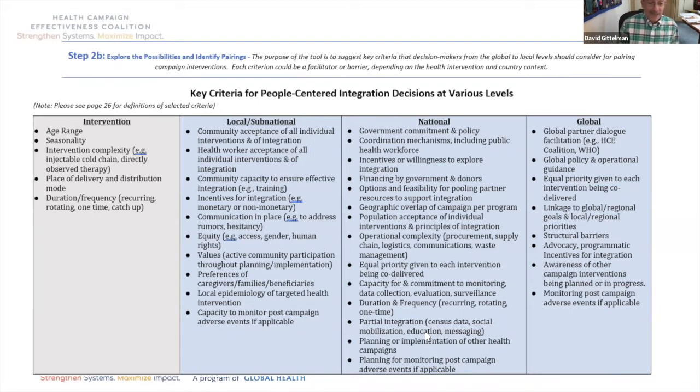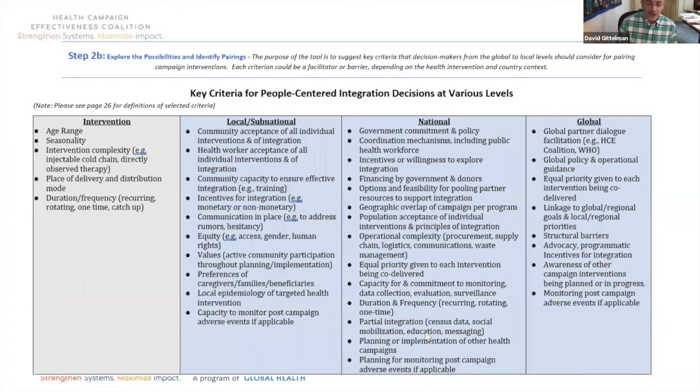The frequency: is this a one-off campaign? Does this happen every 2 or 3 years, like with ITNs? Those are cross-cutting intervention-type things to decide what's a facilitator and barrier. Then we looked at the evidence base that we have so far, and we created a list of global, national, and subnational or local considerations at each level.